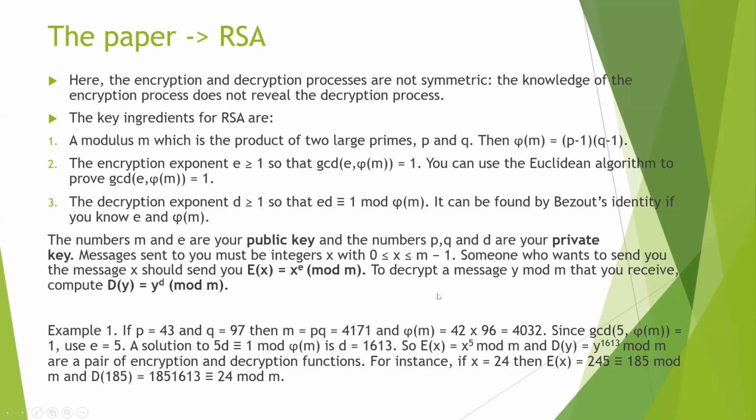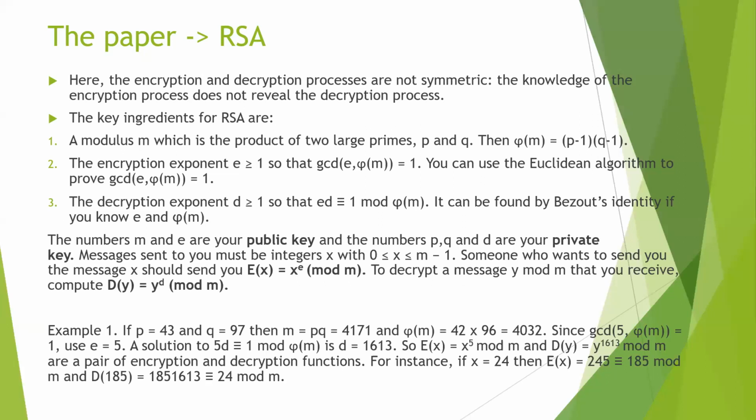If p is 43 and q is 97, then m is equal to 4171 and phi m is 4032. Since the GCD of 5 and phi m is 1, use e equals 5. Of course, other e's also work, but we are using e equals 5.